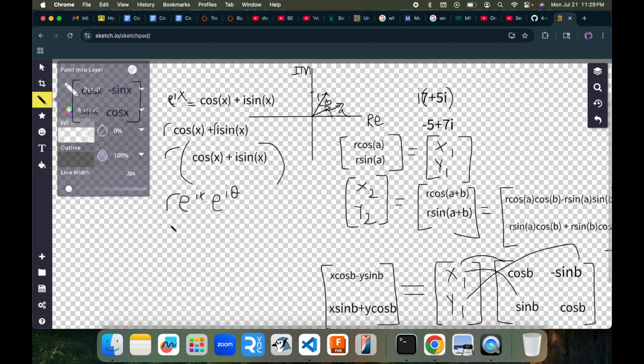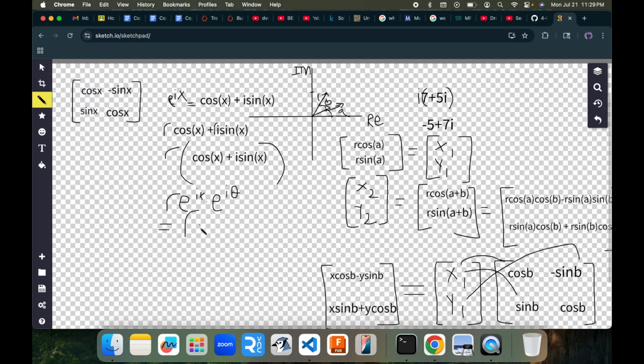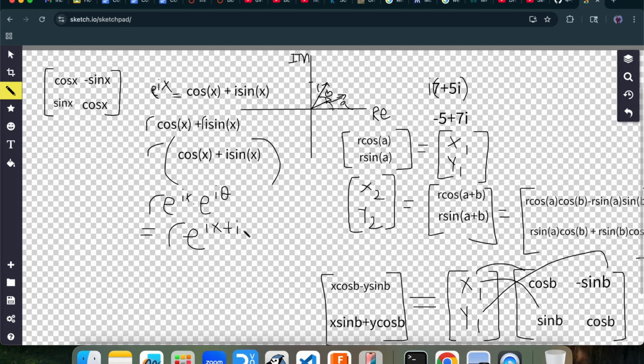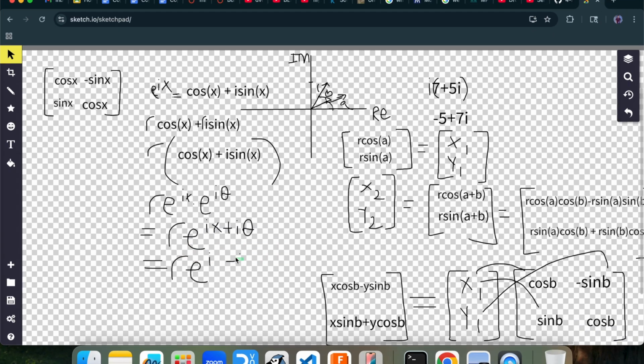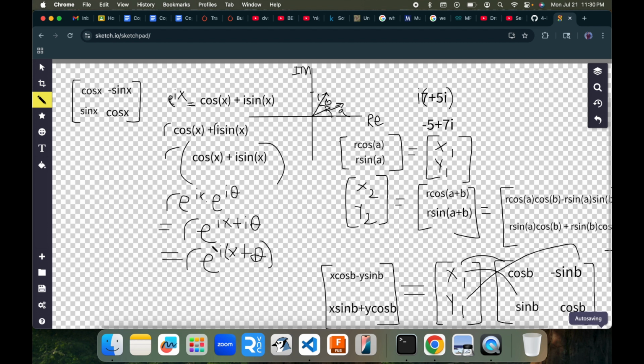you would get r times e to the ix plus i theta. You would factor out the i. You could think of it so because the r, or the magnitude, or the length of the vector is still the same, but then all you're doing from the original one is just adding this new theta.